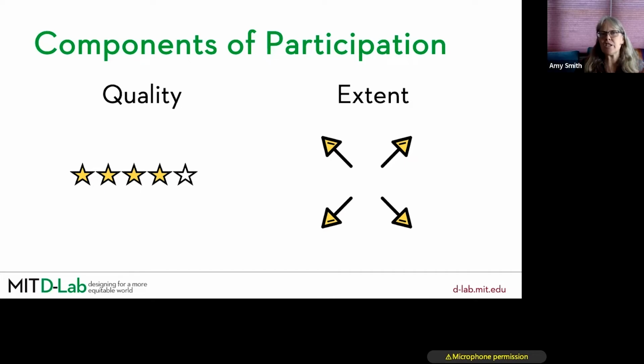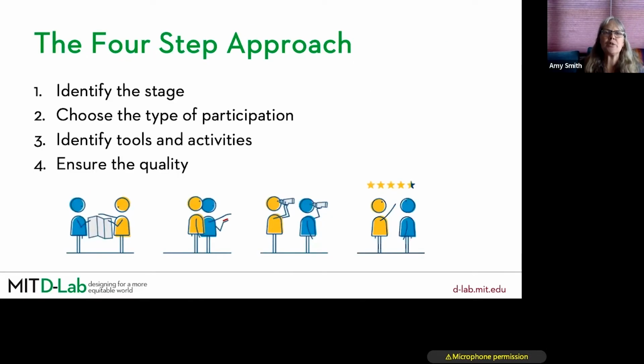At what stages of the process? What types of participation? So how deep are the levels of participation? So these are the two components that we think about of participation. And what we've done is we've developed a 4-stage process that has these 4 steps.